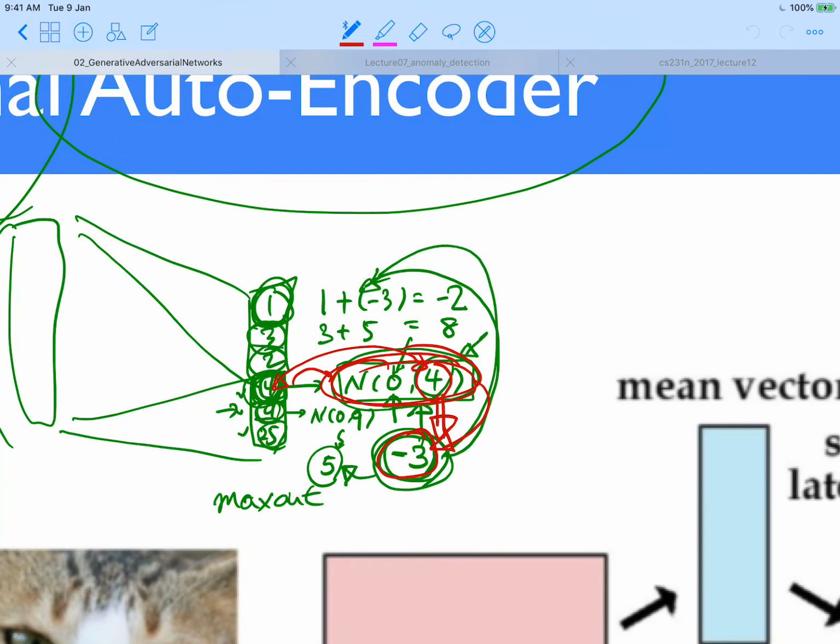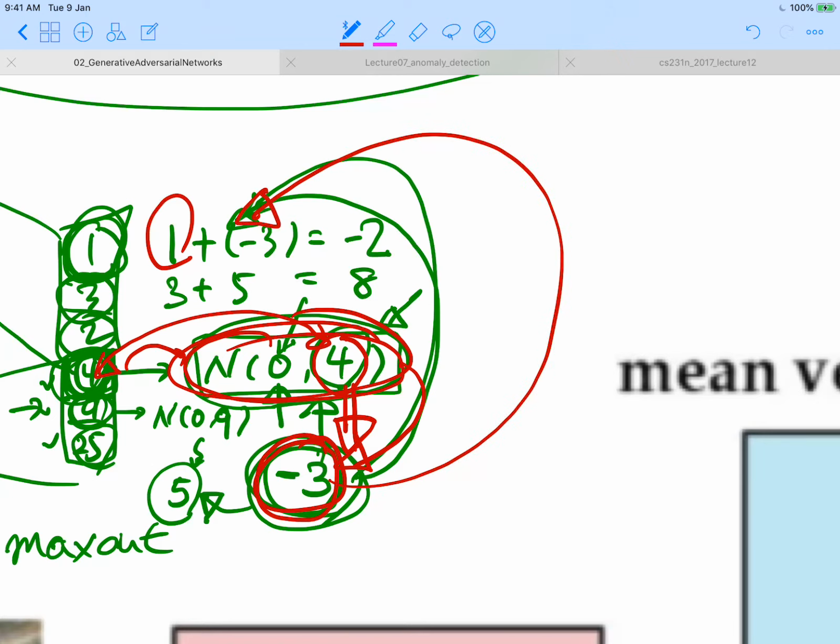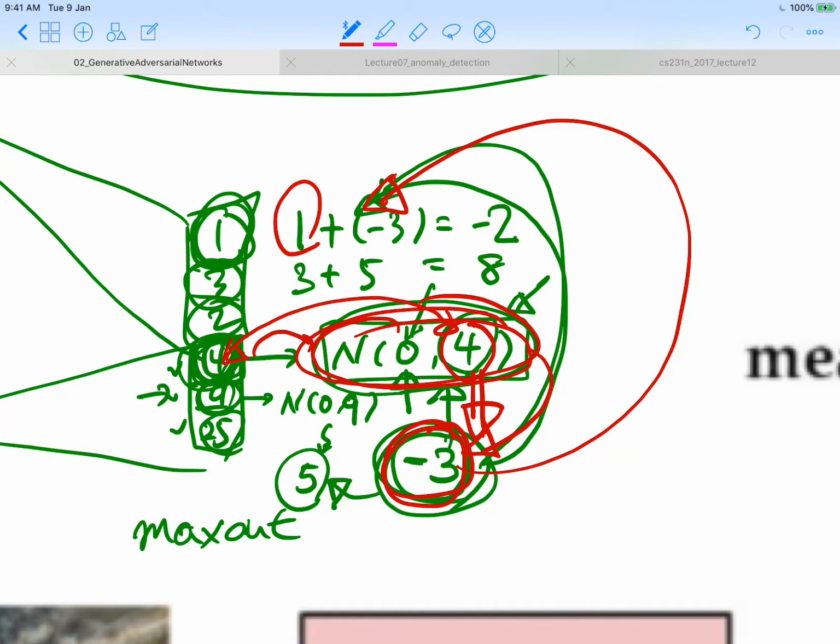When I explained this, I described this as the original value, and then we generate the noise and add it to the original value, right? But in the original process of this variational autoencoder, we consider this value as the mean and this value as the variance.